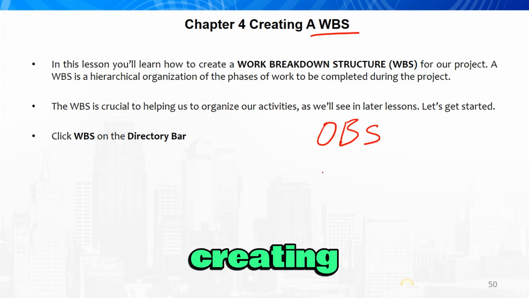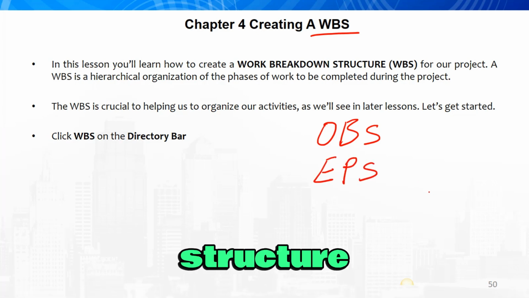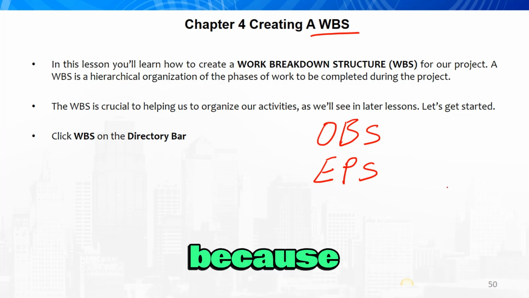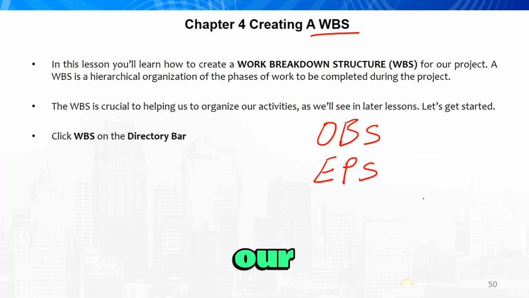Then aside from creating an OBS, we also learned how to create an EPS. EPS simply means enterprise project structure, and we said it's synonymous to program because we use this to arrange projects in our P6, and beyond arranging projects, the EPS also helps us to organize projects according to a relationship that exists between our projects.